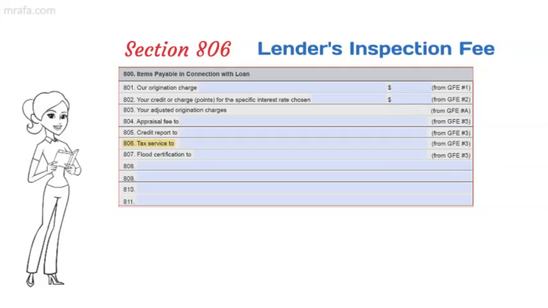It's good to have a professional inspector, because if there are things that you need to get fixed before signing the closing settlement document, then at least it'll be part of the negotiation.